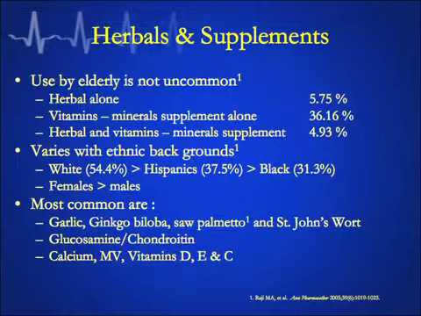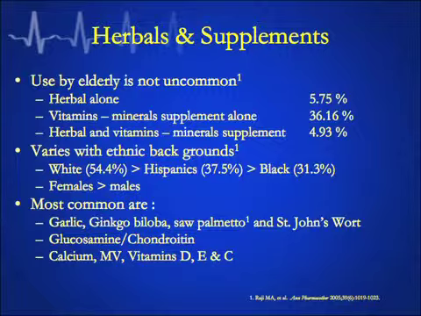There was a study conducted in Dallas, I think, in Texas, on 1,000 volunteers. They basically reported intake of herbal alone, vitamins, and herbal with vitamins. And you see here, it varies with ethnic groups. Whites take more, Hispanics follow whites, and then blacks.